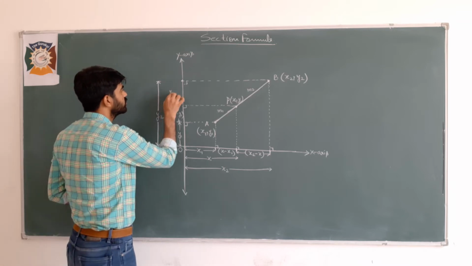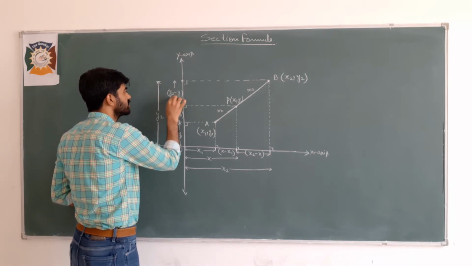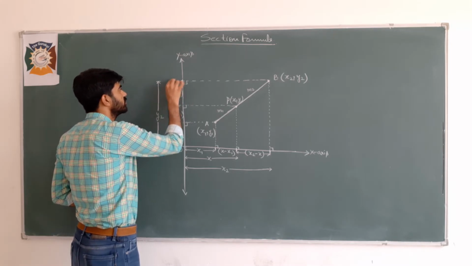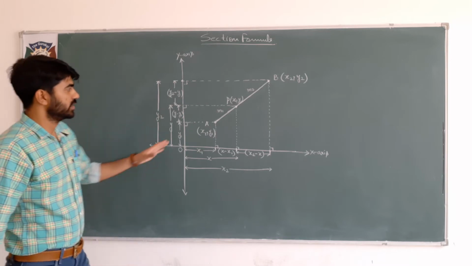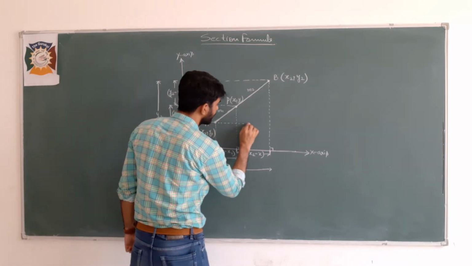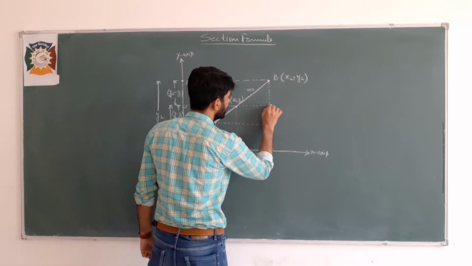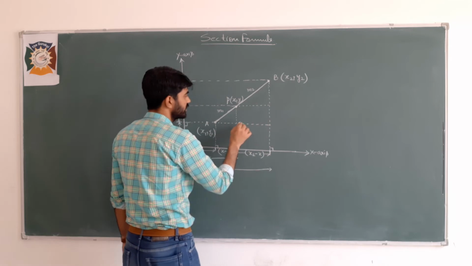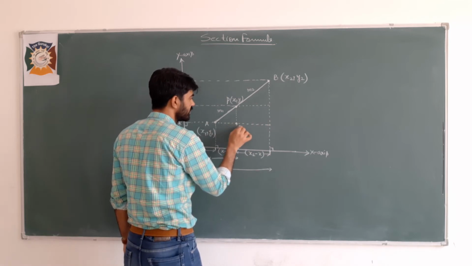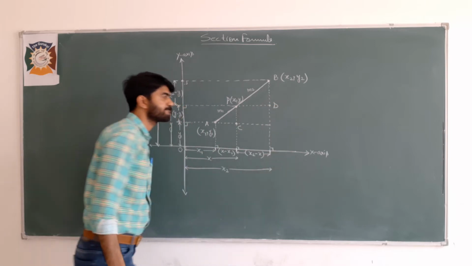So y2 minus y is this much distance from here to here. Now I am producing these lines and this line again. Let this point be C and this point be D.